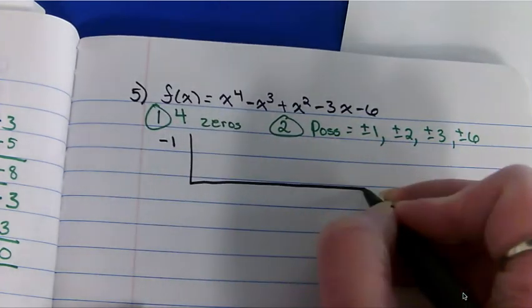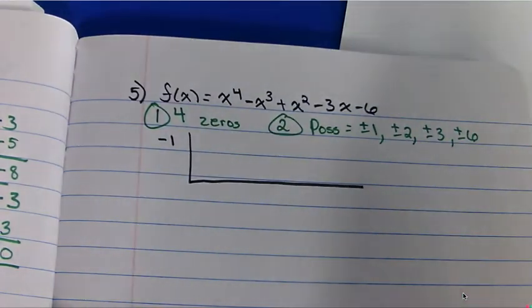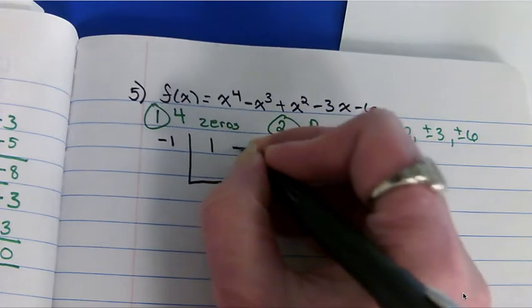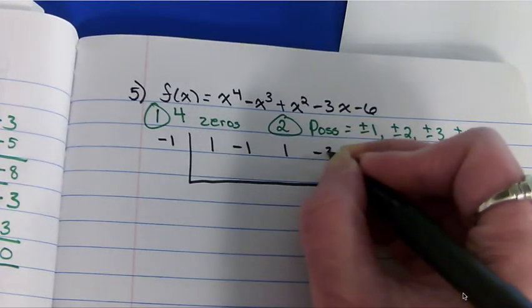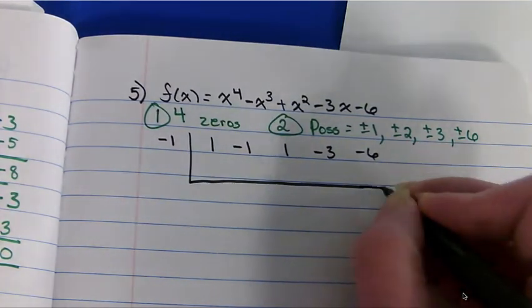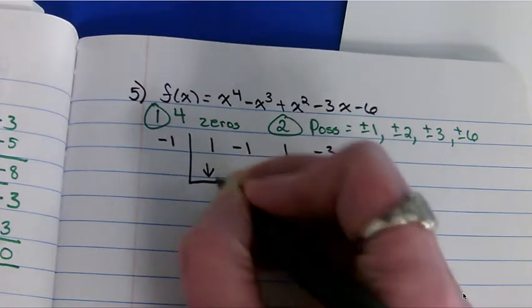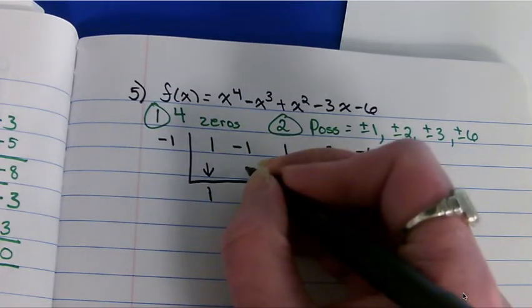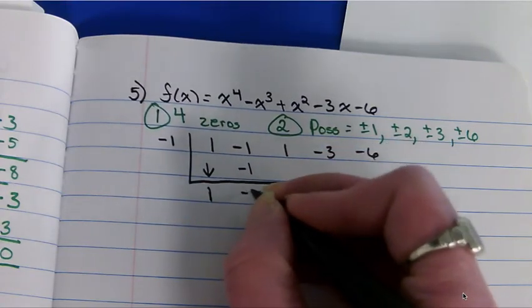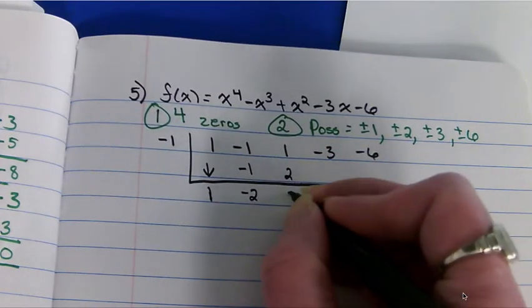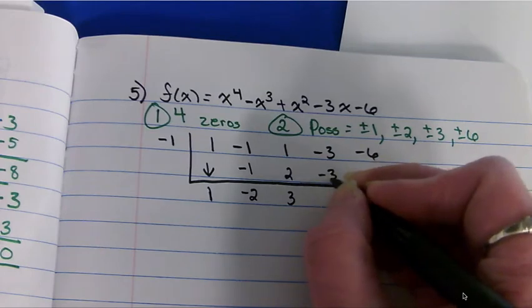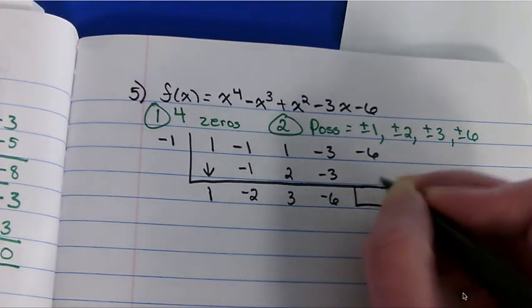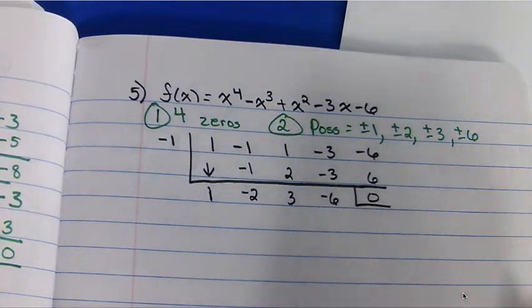I'll give you a hint. One reason I'm starting with the negative is because that is negative. One times negative 1 is negative 1. That's a negative 2, 2, 3, negative 3, negative 6, 6, 0.